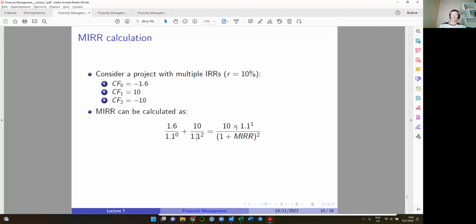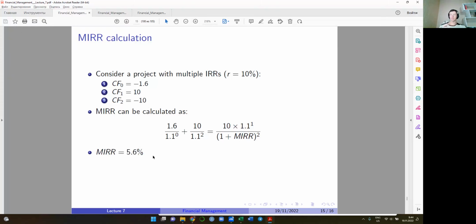On the right-hand side, we are taking positive cash flows, which are only this, which is only this, and compute its future value, like this. And then we, again, connect both future value, present value, with the help of MIR here. And modified internal rate of return for this project is going to be 5.6%.